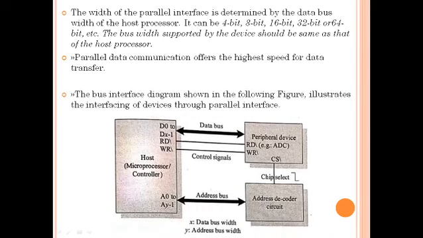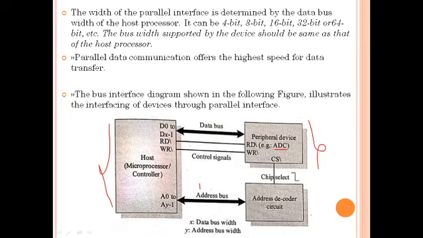The bus interface diagram shown in the figure illustrates the interfacing of devices through the parallel interface. So this is the host processor or controller, which is connected in parallel with the peripheral devices. For example, the ADC, a peripheral device, is connected in parallel with the host microprocessor.